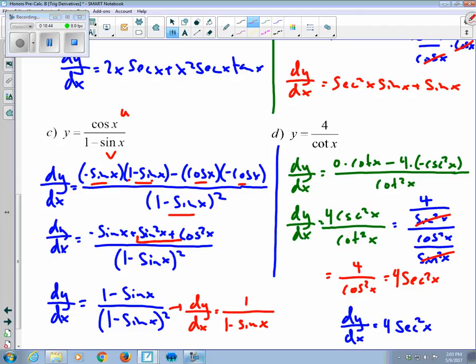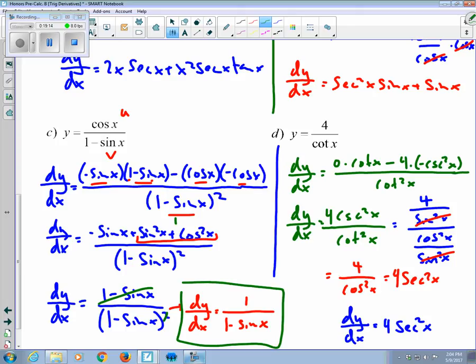And so right here, we have the Pythagorean identity of sine squared x plus cosine squared x, and that is going to give us 1 for this. So actually what we have here is 1 minus sine x over 1 minus sine x squared, and we can cancel one of our 1 minus sine x's in the denominator with our 1 minus sine x in the numerator, and right here that gives us 1 over 1 minus sine x as the derivative.